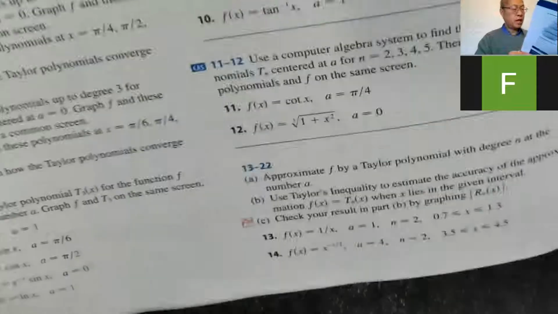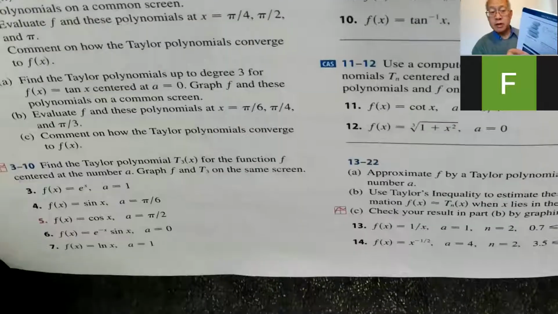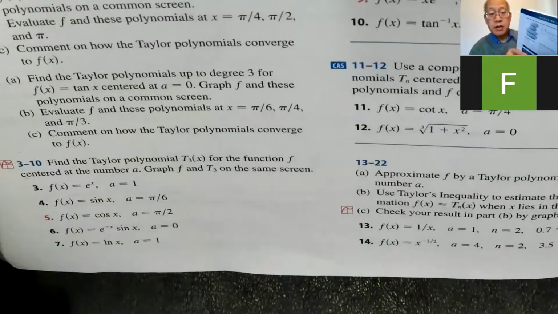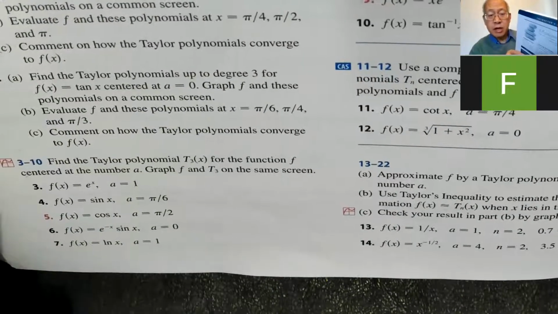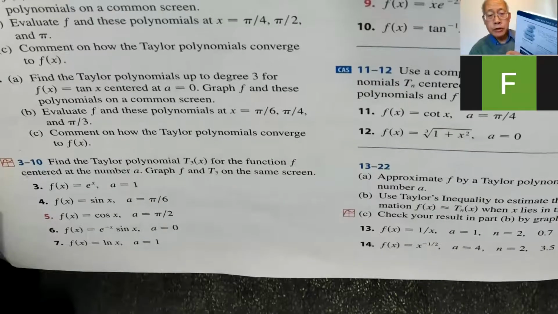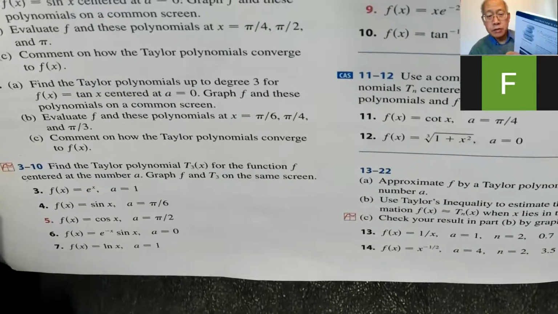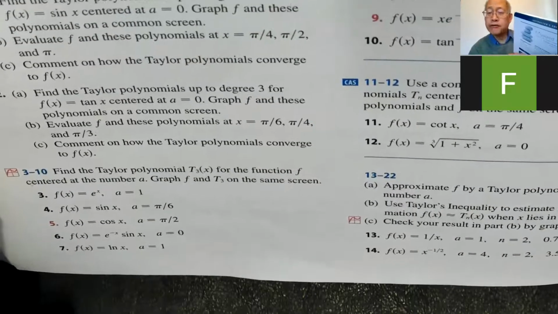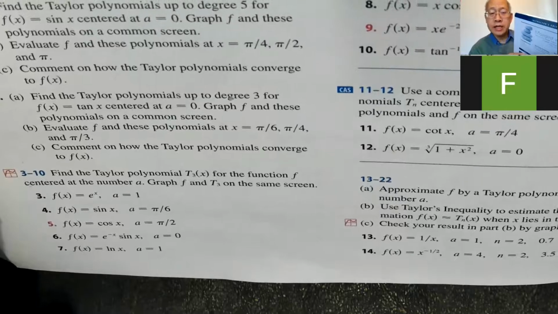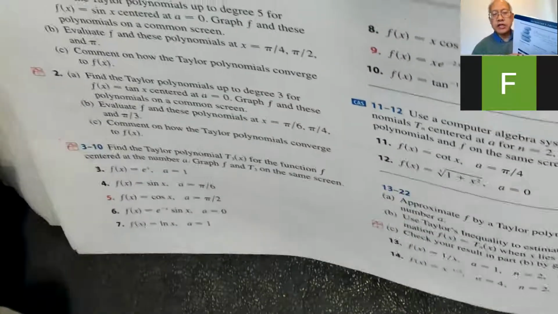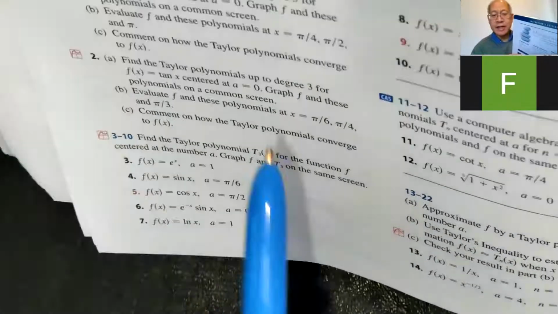One last time, page 780. Sorry, I have to raise up the book. Find the polynomial T3, third Taylor approximation. T3 means you're going to write down 4 terms: the constant, x, x squared, x cubed. So you're essentially doing the same thing as before, except you're not putting dot, dot, dot at the end.